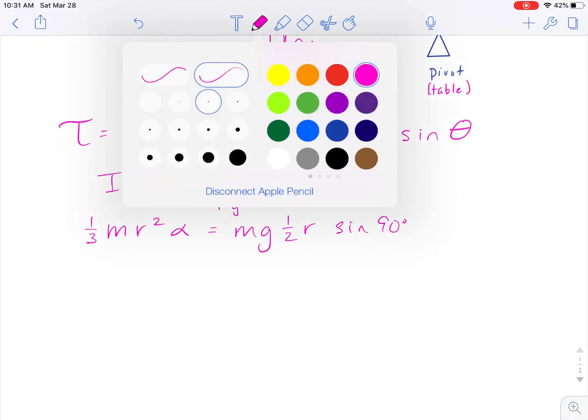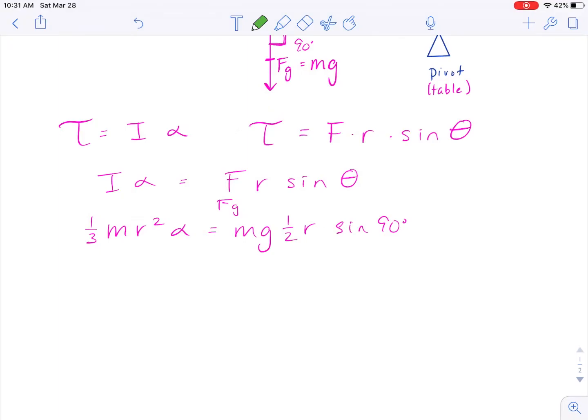Okay, so now I can do some algebra. I can divide both sides by m. What else can I divide out? I can divide out one r. And I know that the sine of 90 is 1 as well.